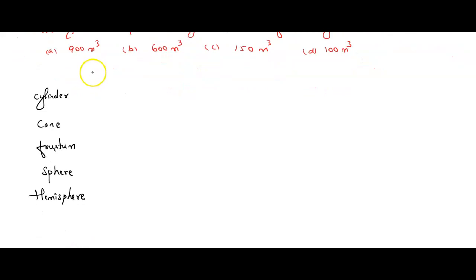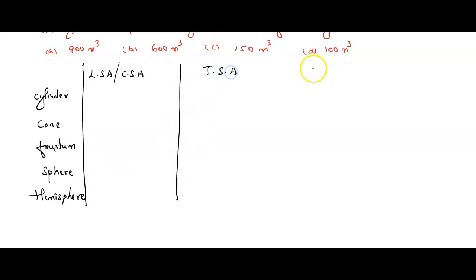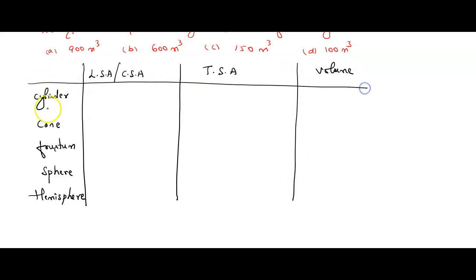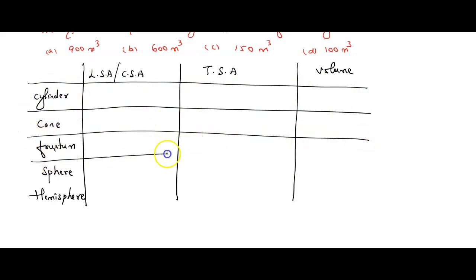Here we call it lateral surface area or curved surface area, and then total surface area, and then volume. So we are finding all the respective formulas related to this.